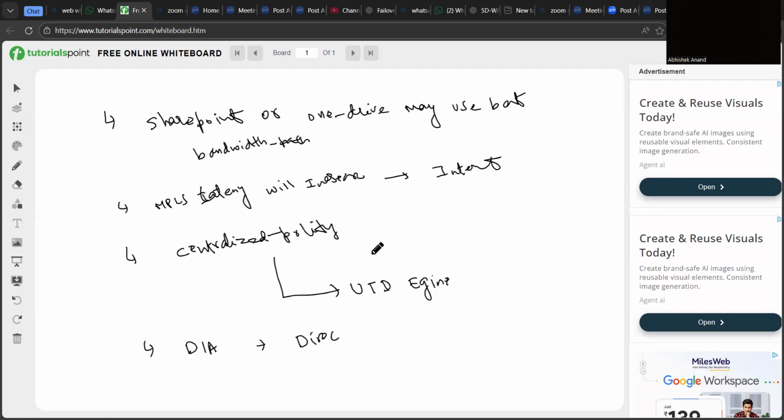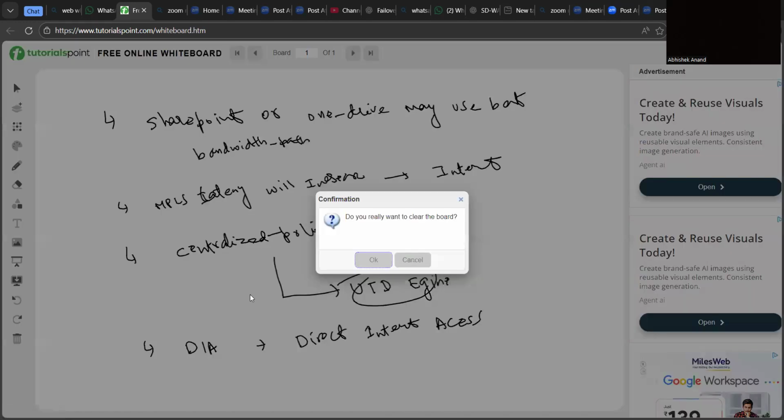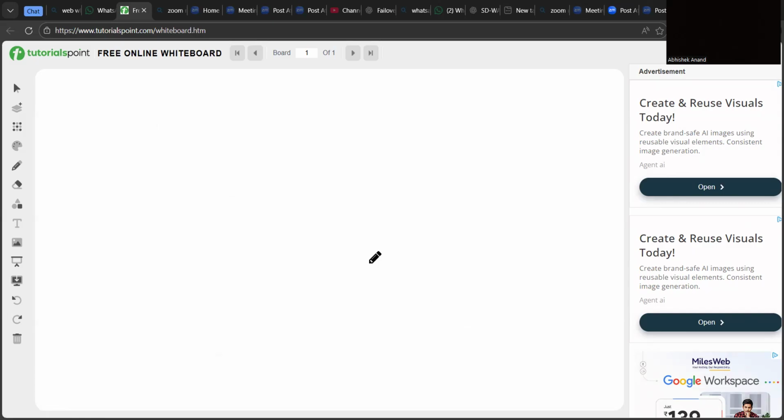It is not going to your SSE cloud. It is going to your internet directly as per the policy. So this type of traffic should be routed to the UTD engine. It can act like a firewall, right?